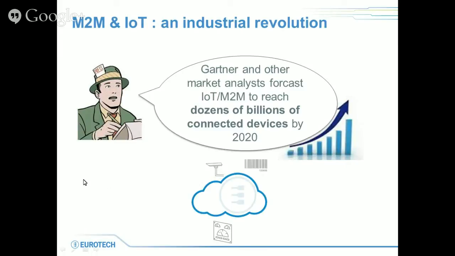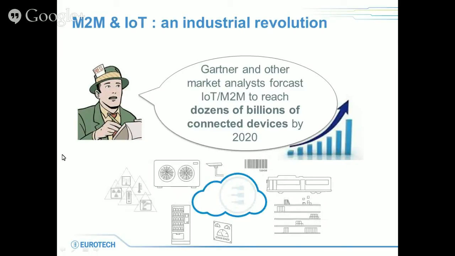So this means that it is time to start thinking about really reducing the gap between enterprise and embedded. Why? Because the analysts expect, and I think they are definitely right, the IoT to be an industrial revolution, a new internet era.